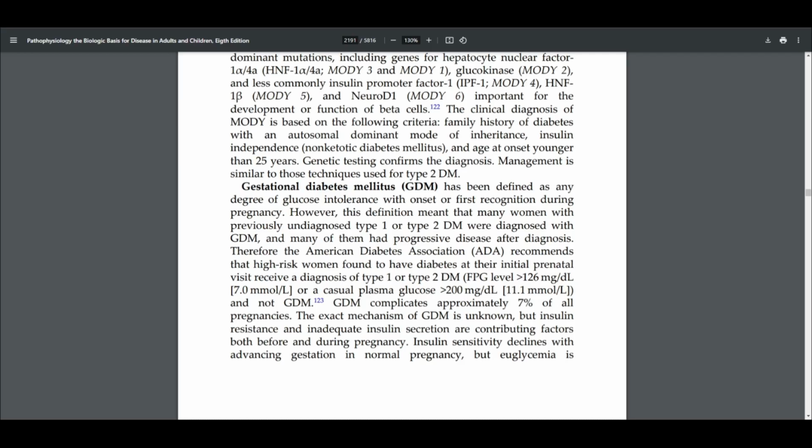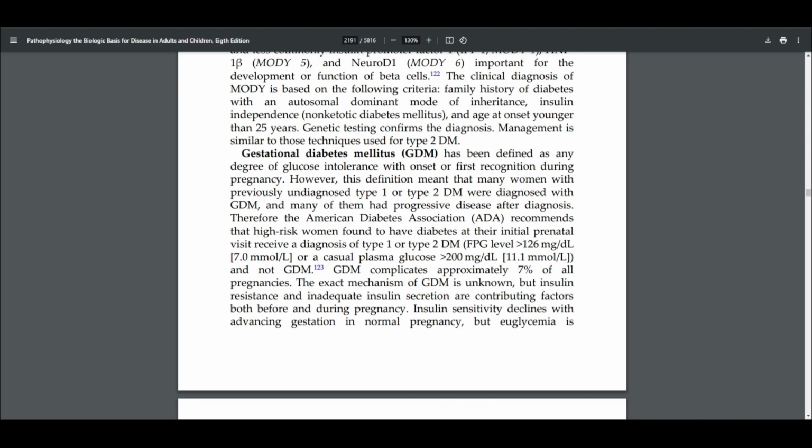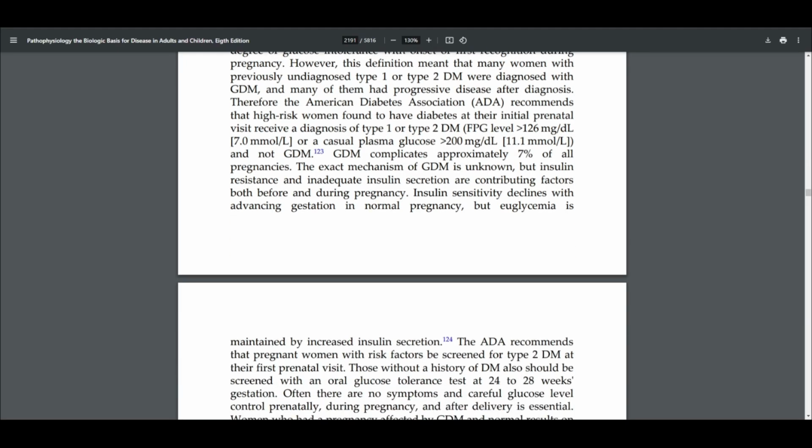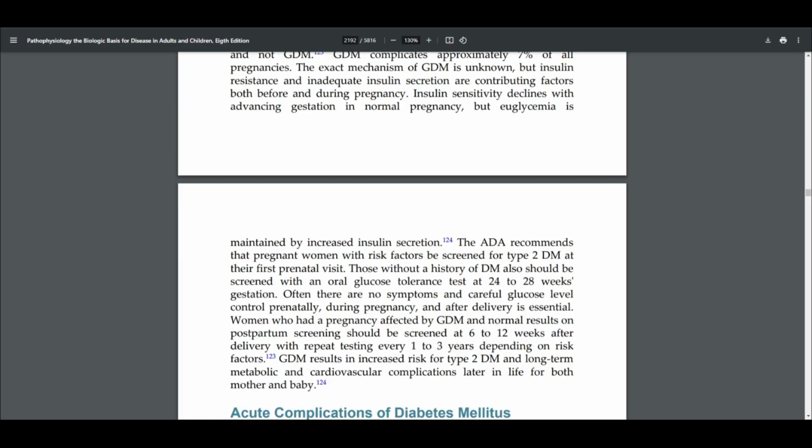The exact mechanism of GDM is unknown, but insulin resistance and inadequate insulin secretion are contributing factors both before and during pregnancy. Insulin sensitivity declines with advancing gestation in normal pregnancy, but euglycemia is maintained by increasing insulin secretion.